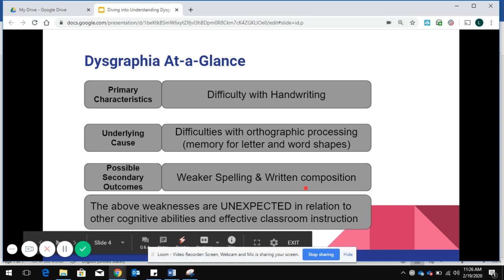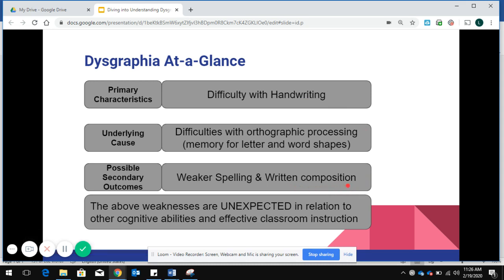There is a very important distinction between what handwriting and written expression entails. Handwriting has to do more with the quality of the handwriting, the letter formation, the spacing, how quickly and accurately the student can produce the letters.